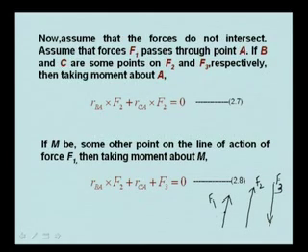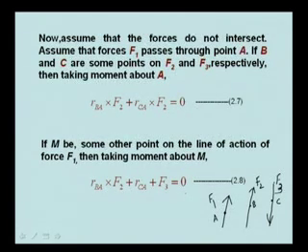Now, this point is A. Here you have got point B, then here you have got point C. Now, let us take the moment about A. Moment of the force F1 about A is 0, moment of force F2 about this is RBA cross F2 plus RCA cross F3 is equal to 0.